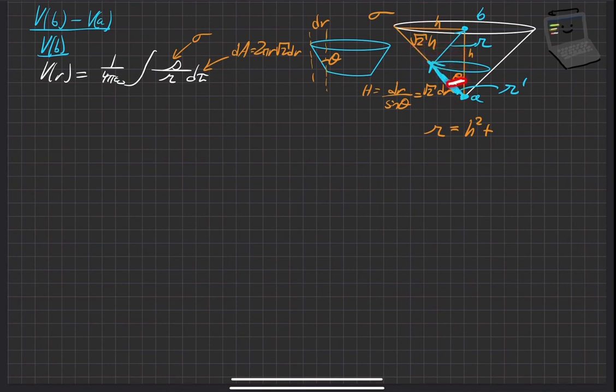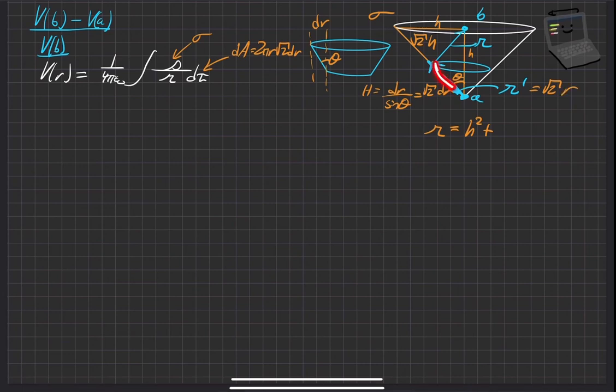This angle will stay the same. This length is always r, because that's the variable that we're integrating over, and this angle is always theta. And since in an isosceles triangle this leg right here is also equal to r, this length, that curly r right here, is always equal to square root of 2 times r. So I'll write that explicitly: it's equal to square root of 2 times r.